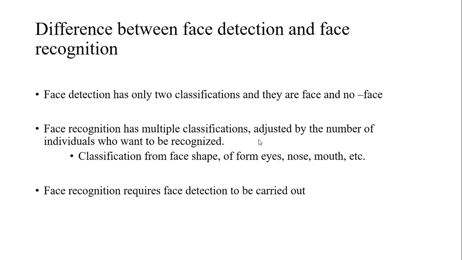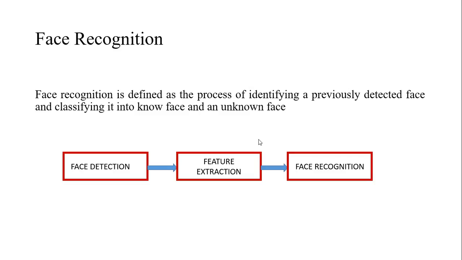All these factors are taken into consideration and varied, due to which a large classification set is formed, and the face recognition algorithm has to identify one particular face from that classification set. Finally, in a logical sense, face recognition cannot be carried out until face detection is complete, and this is clearly visible from the diagram.